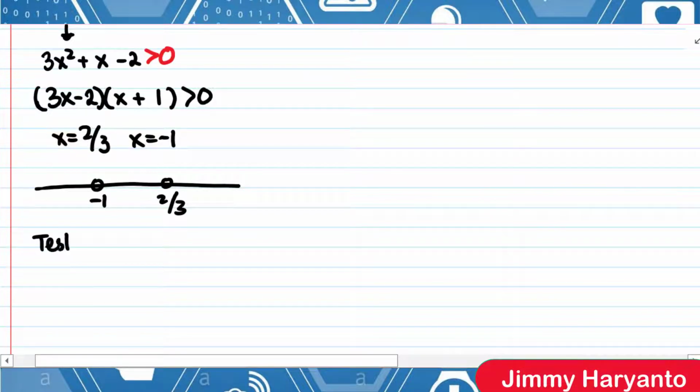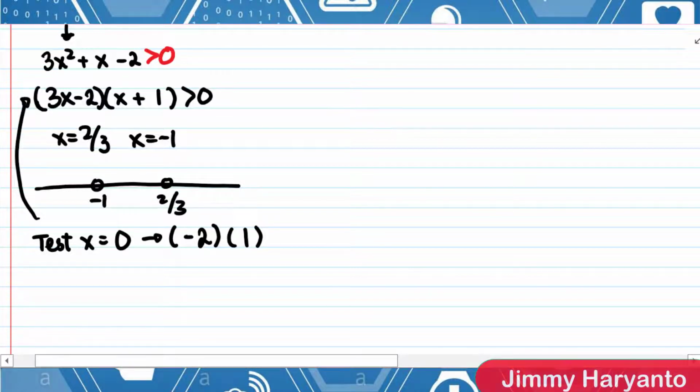You have to test some value of x, for example x equals 0. So you will have negative 2 times 1, and this one is a negative value. So if you get a negative value for x equals 0, that means x equals 0 is right here, and you get negative for the value.